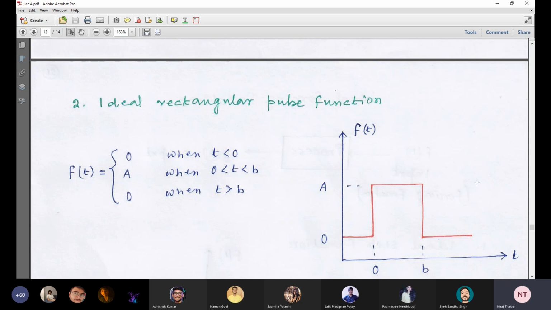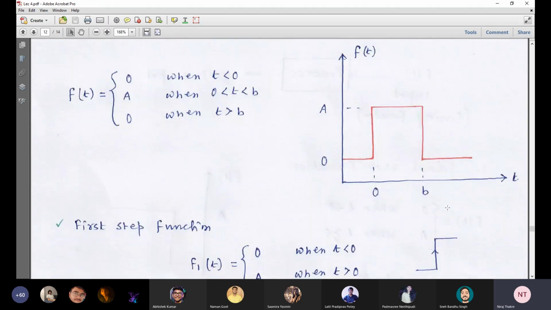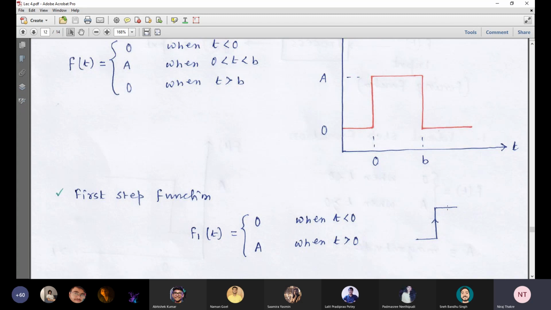Sometimes two consecutive step changes are introduced in the load variable. This is a rectangular pulse function. So based on this concept, I can divide this. You see how it is divided? This is the first one, as I mentioned. First step function, which we are representing by F1 now.